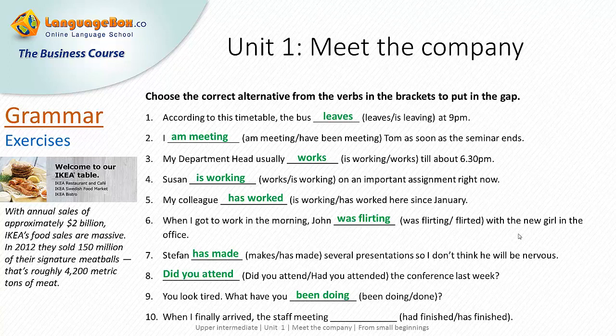And if you remember, the tense that allows us to do that is the past perfect tense. It allows us to tell the reader that this action happened before the other action. So I arrived was the second action, the staff meeting had finished was the earlier action. So for this we've got, when I finally arrived, the staff meeting, past perfect, had finished.